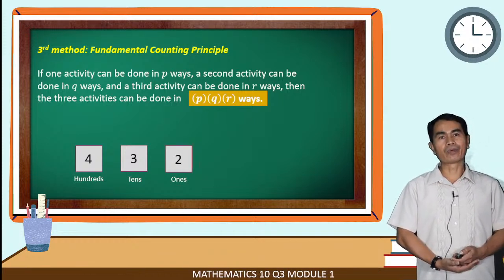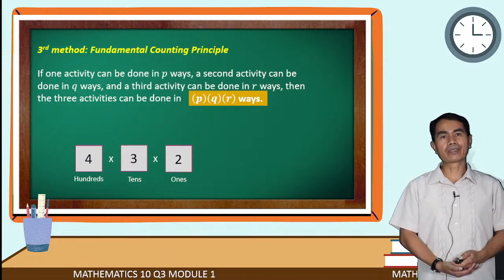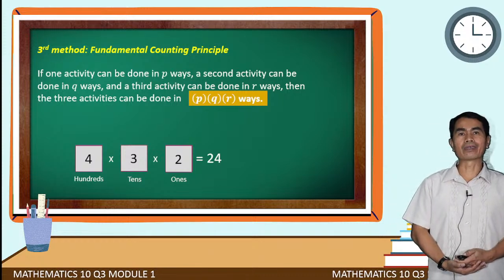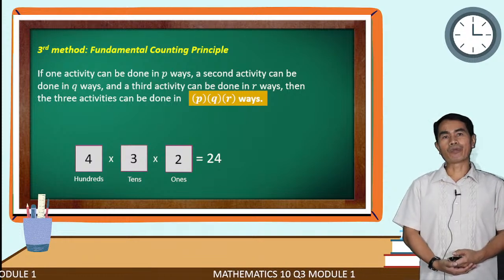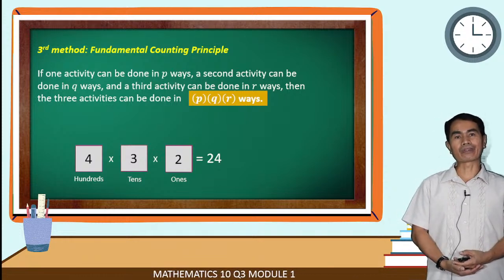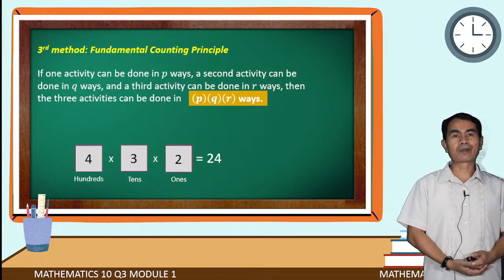So we have 2. And we multiply the choices to obtain 24. So as you can see, class, any method will give you the same result. So remember that there are many ways to solve a problem.